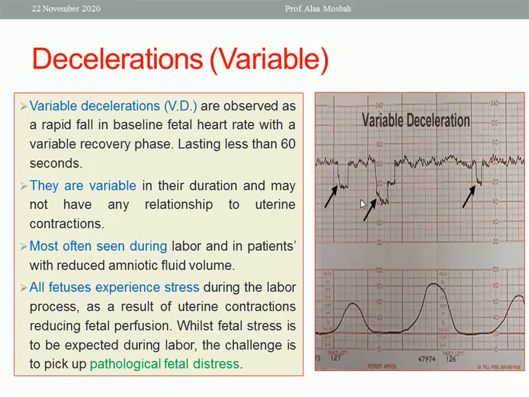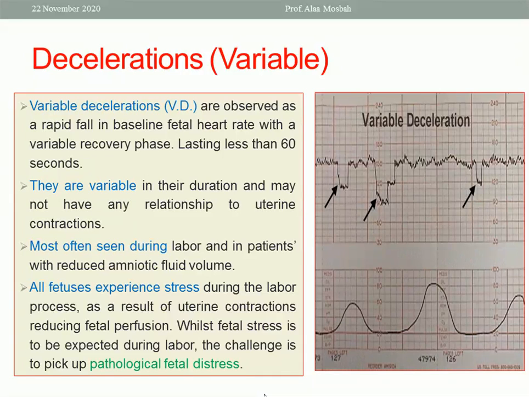Most often seen during labor and in patients with reduced amniotic fluid volume. As you know, all fetuses experience stress during labor as a result of uterine contractions, reducing fetal perfusion.